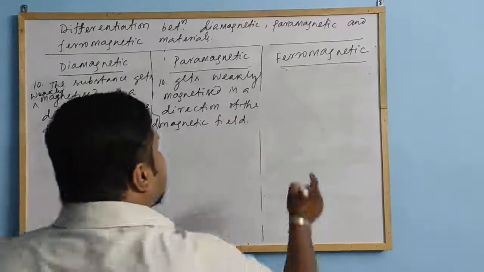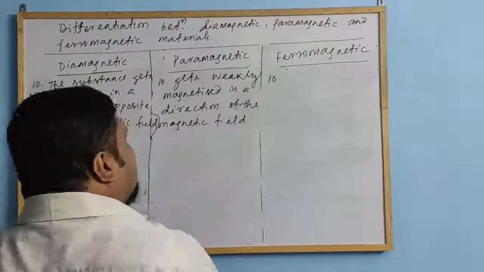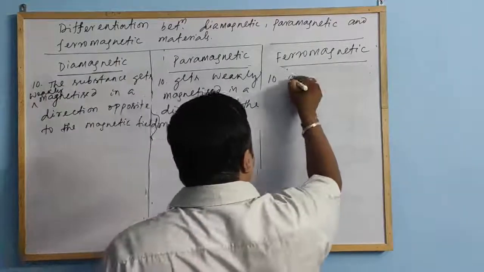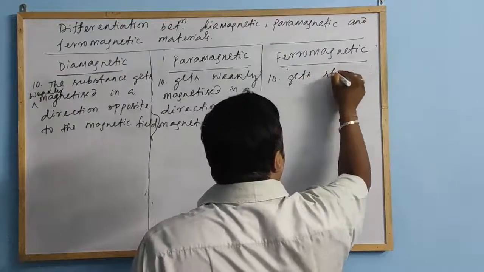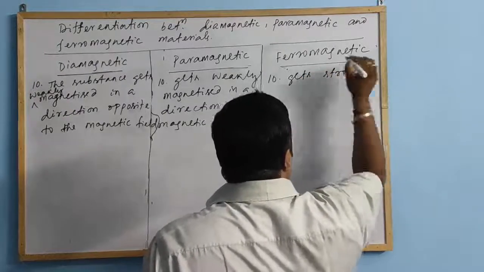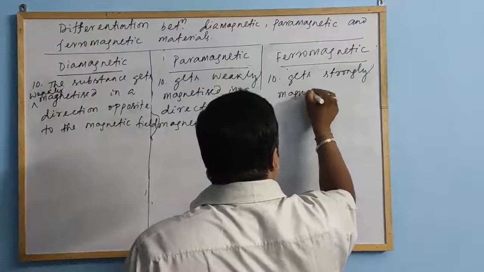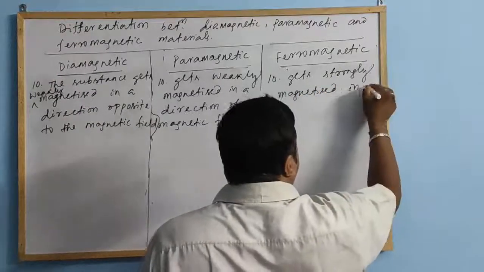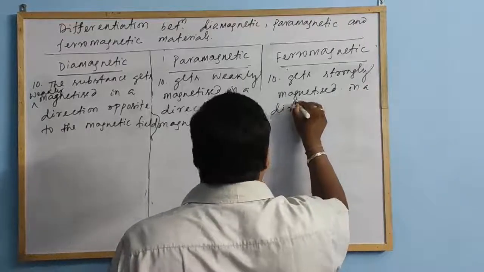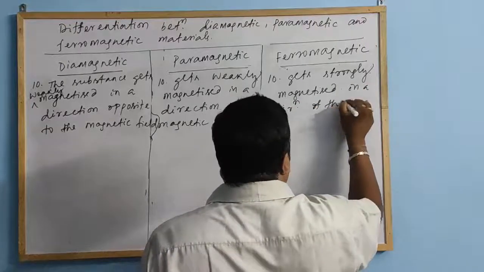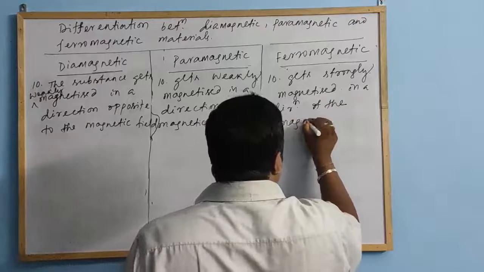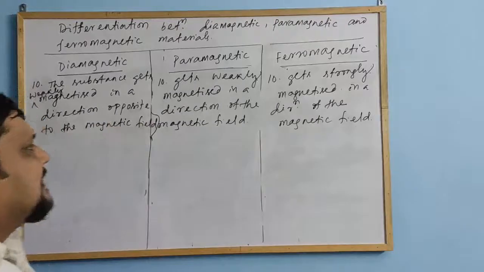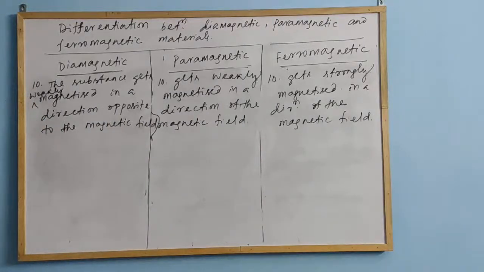Here we can write for ferro, these get magnetized in the direction of the magnetic field, but we can write here that it gets strongly magnetized in a direction of the magnetic field. Strongly magnetized in the direction of the magnetic field. Okay, so this is your 10th one.